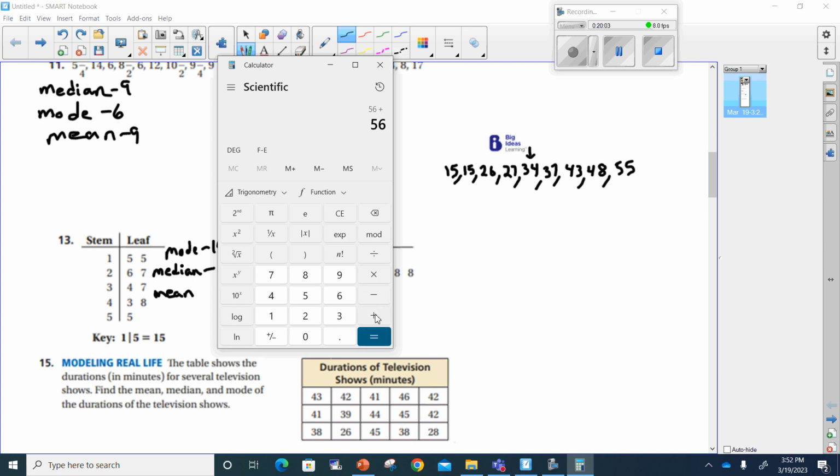Plus 27, that's 83, plus 34, plus 37, plus 43, plus 48, plus 55.